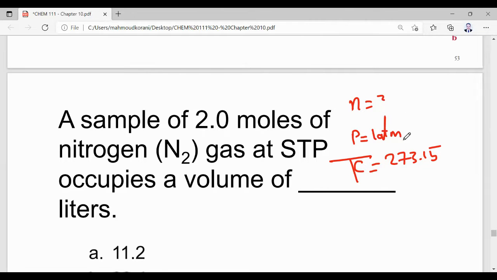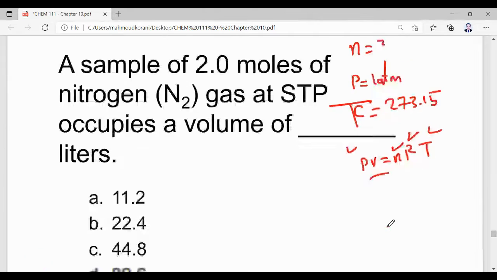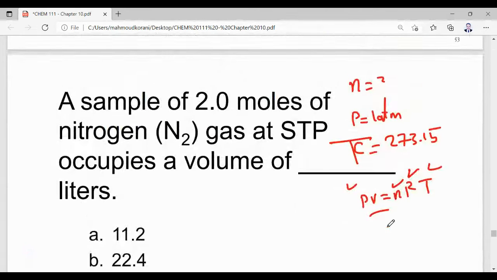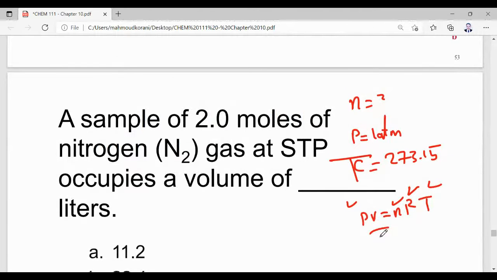I'm asking for the volume, so PV equals nRT, direct substitution. You have the pressure, you have n, you have the R constant, but it should be with the same units, and you have the temperature, so you can calculate the volume. Of course, you can calculate it this way, but you needn't.